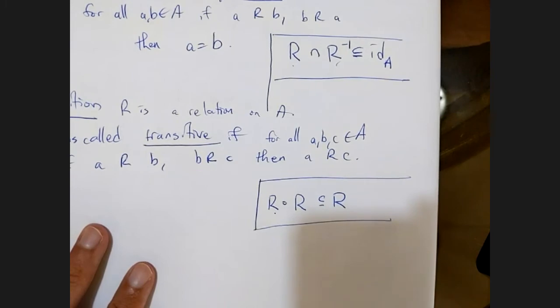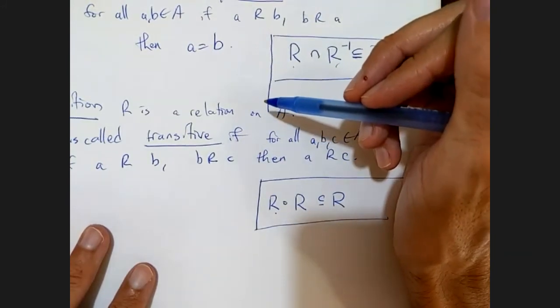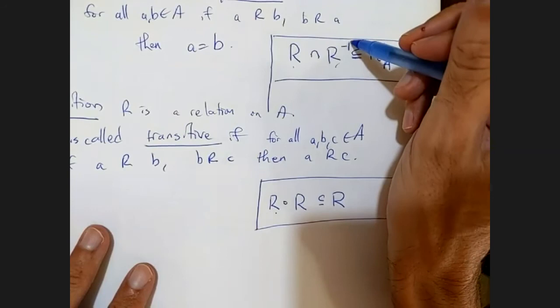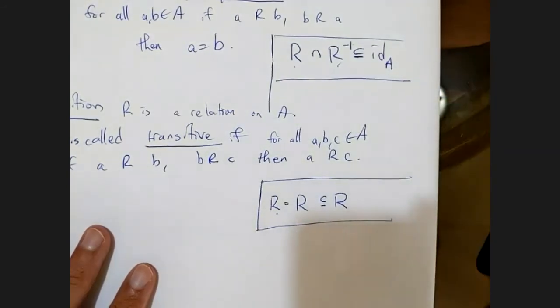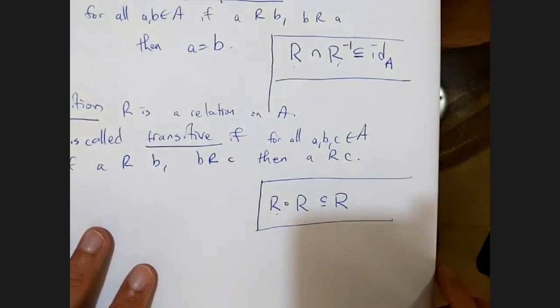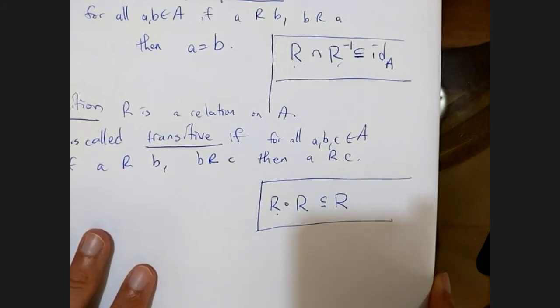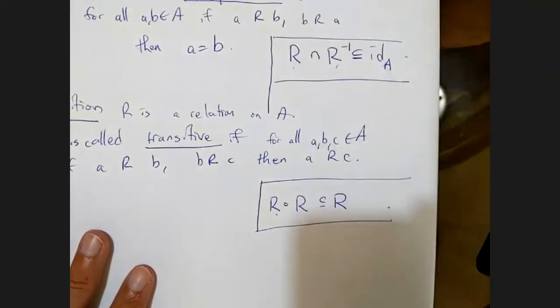These don't really help you to understand better what antisymmetric and transitive are, but it does kind of help with how these symbols, like the R inverse and identity relation and composition, interact with relations. Okay. So if you feel like you have enough time, you can try proving one of these if you want.